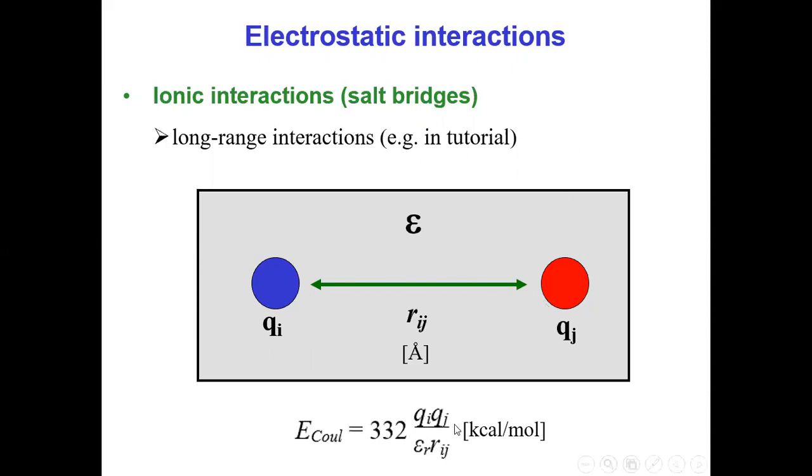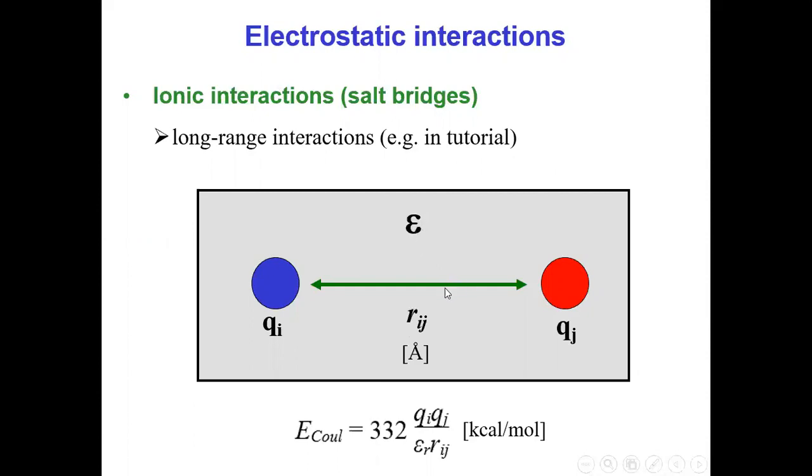So Coulomb's law shows us that the energy of the ionic interaction is greater as the charges are bigger in terms of their magnitude, and the distance between them is shorter. And it also gives us the sign of the interaction, whether this interaction is attractive or repulsive.